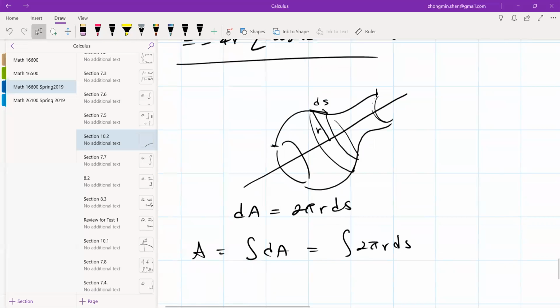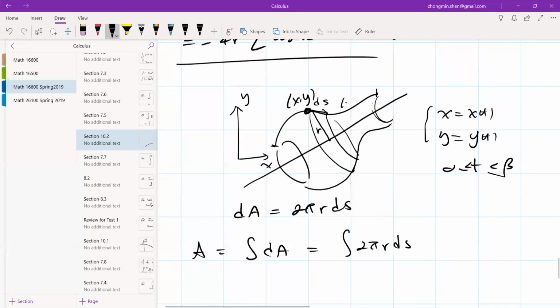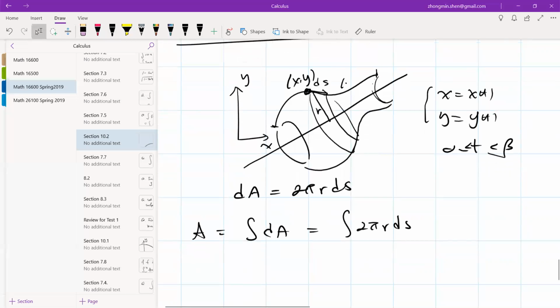Now, here's a point x and y, supposed to be in the xy plane. If this is a curve given by x equals x of t, y equals y of t, where t is between alpha and beta, then I can change ds to dt.